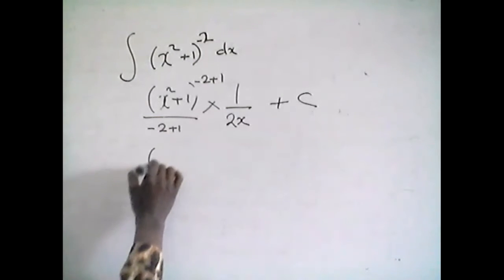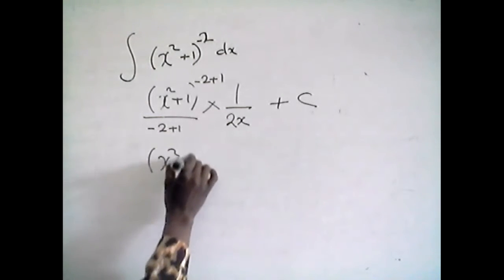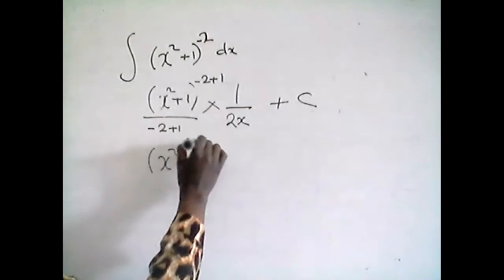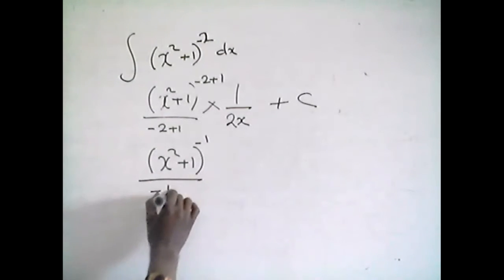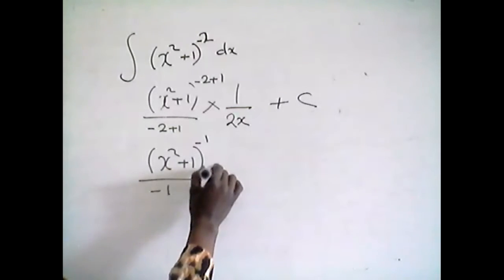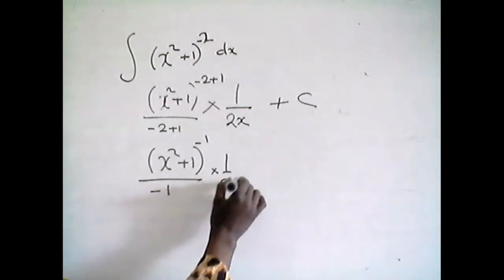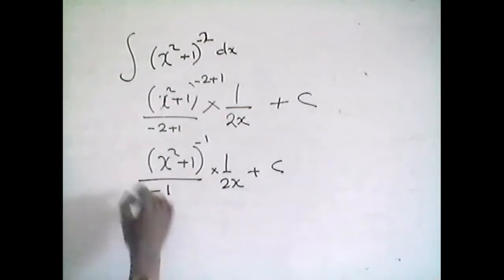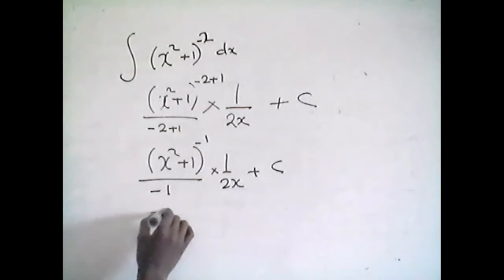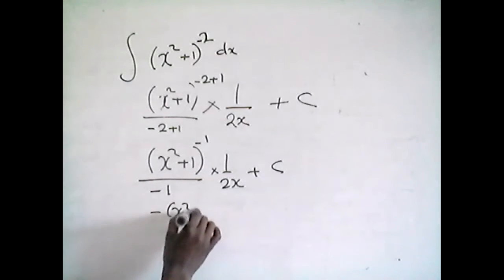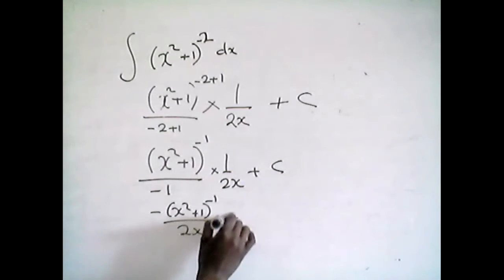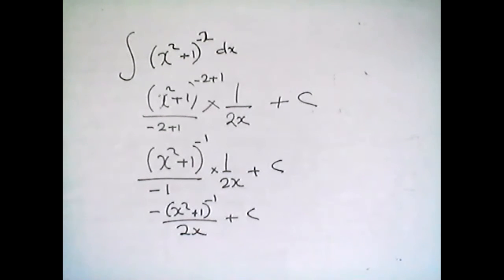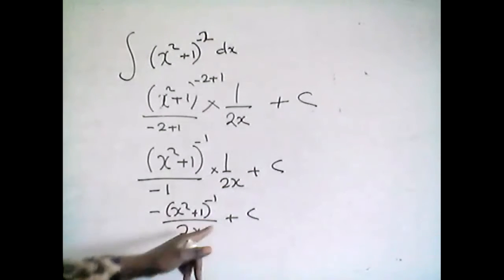So this will be x squared plus 1 to the power negative 1 over negative 1, multiplied by 1 over 2x plus c, which is the same as just negative x squared plus 1 to the power negative 1 over 2x plus c, of which you can just rewrite this as 1 over 2x and then that plus c.